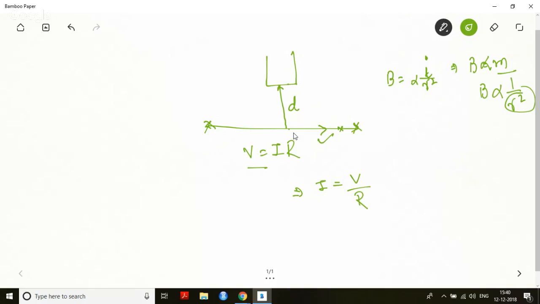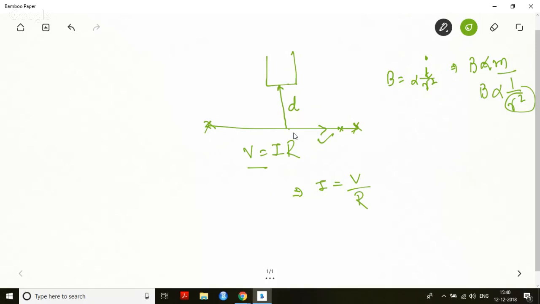It means that the magnetic field of the pole and the magnetic field created by the current carrying conductor would always be in opposite direction. So the direction of the current would be such that the magnetic field created by it is opposite to the magnetic field created due to the pole. That's what we have to understand, and this is what Lenz's law is.